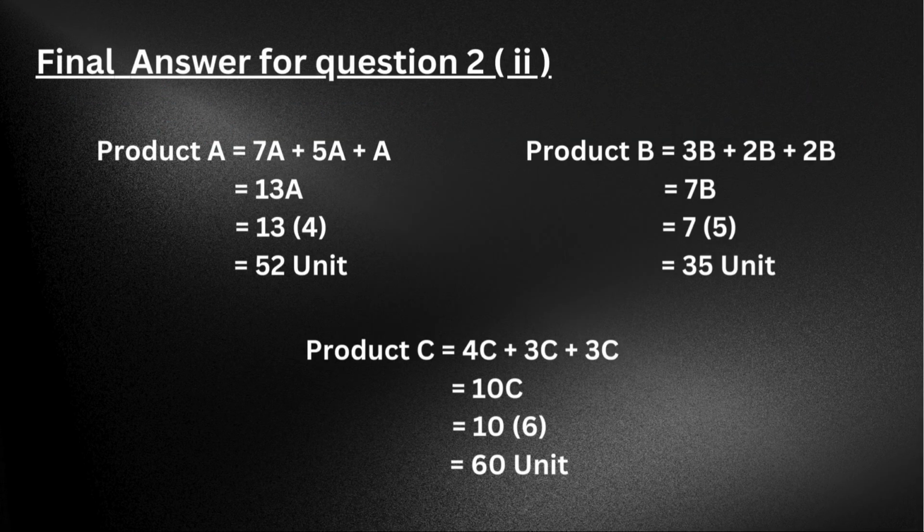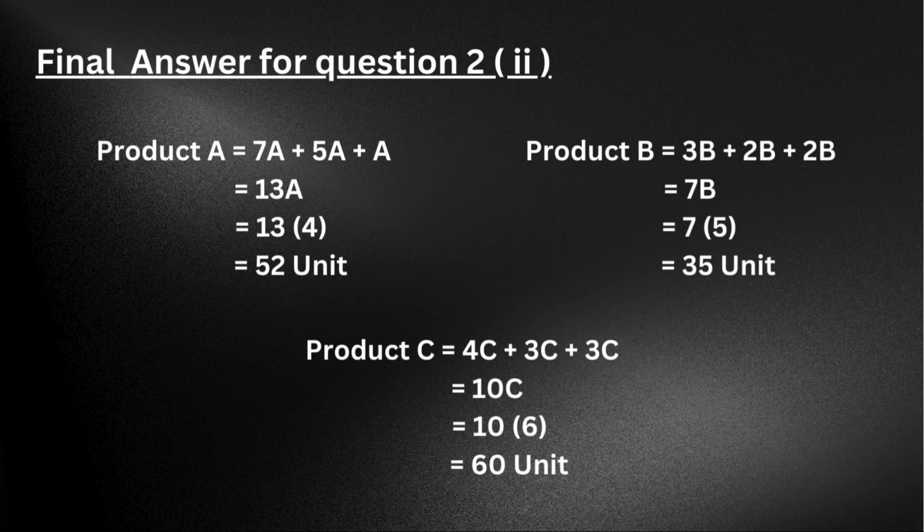Final answer for question 2, number 2. Product A equal 7A plus 4A plus A, and we get 13A, equal 13 times 4, and product A is 52 units. Product B equal 3B plus 2B plus 2B, equal 7B.